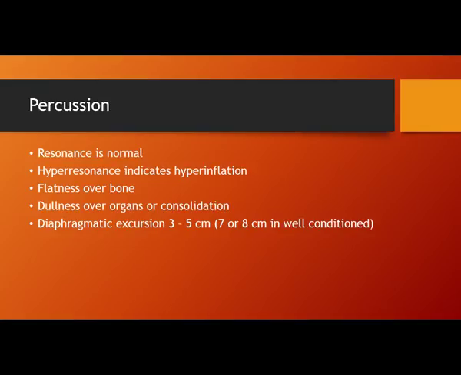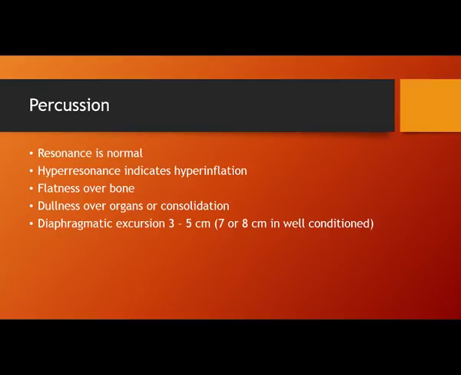So you just percussed to see that it was resonant throughout the lung field. And now we're going to test the diaphragm excursion. We check chest excursion by feeling how much the chest expanded, how much our thumbs separated.